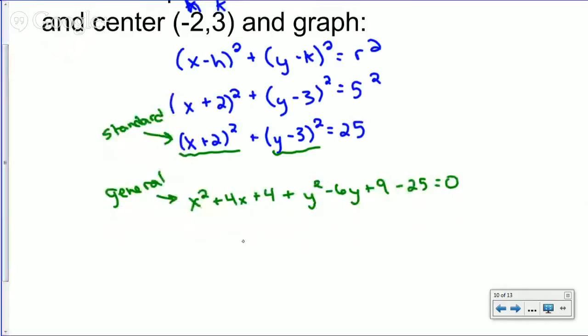And then we just combine and organize a little bit. So x squared plus y squared plus 4x minus 6y. And you got 4 and 9 is 13 minus 25 is minus 12 equals 0. So there's your general equation.